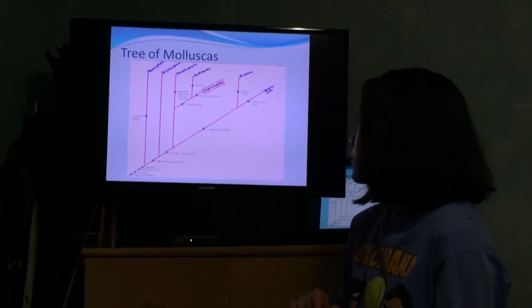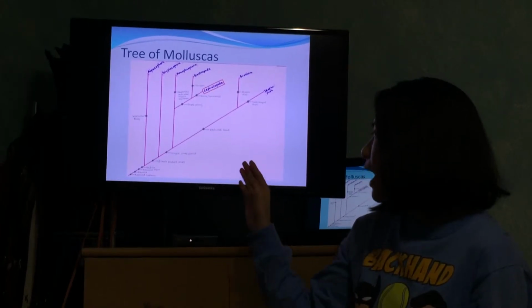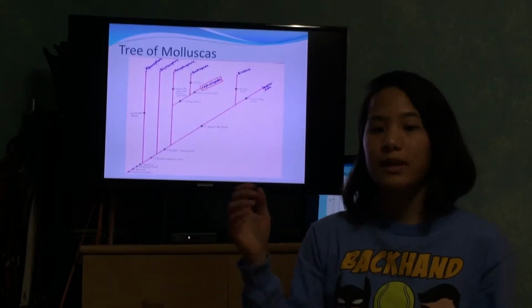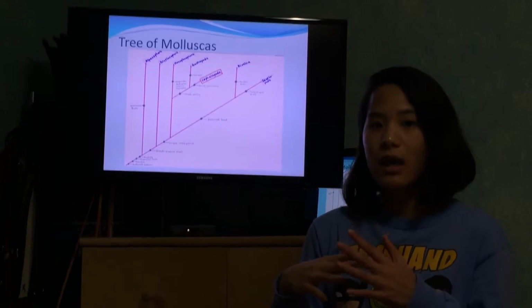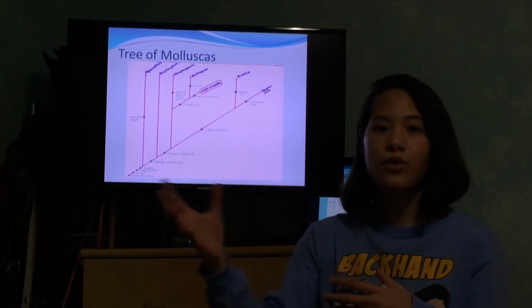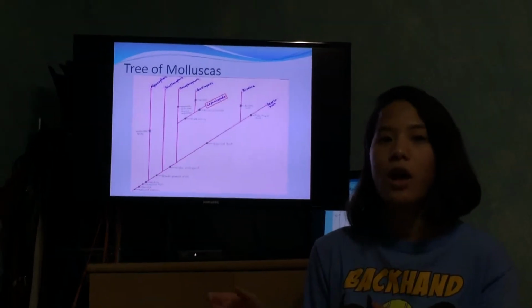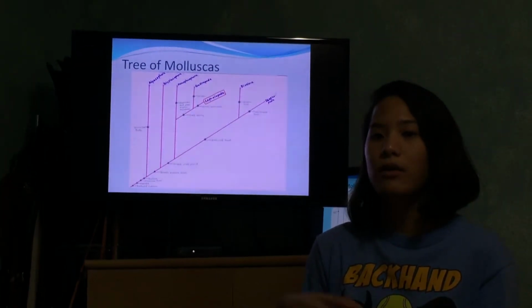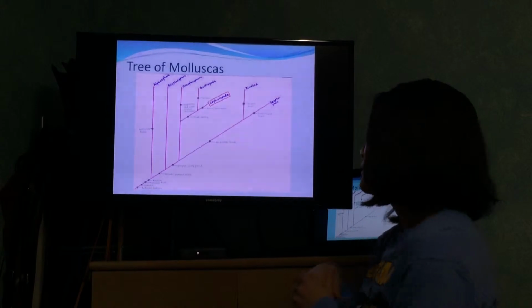The mollusks also have radulas, which is basically a tongue that has teeth on it. They use this to scrape off bacteria and algae on rocks and other uneven surfaces.